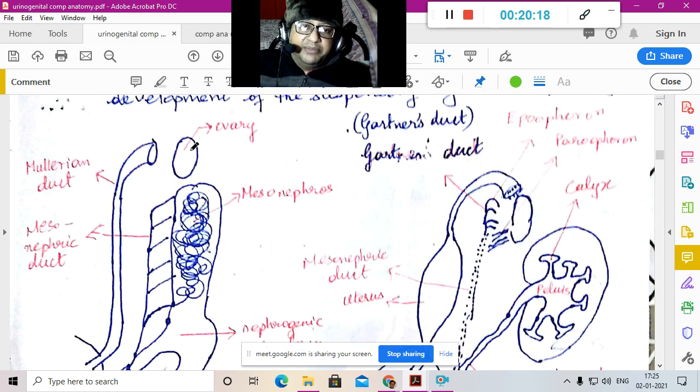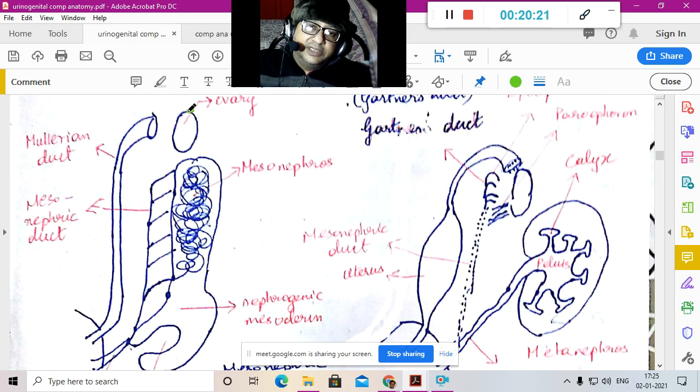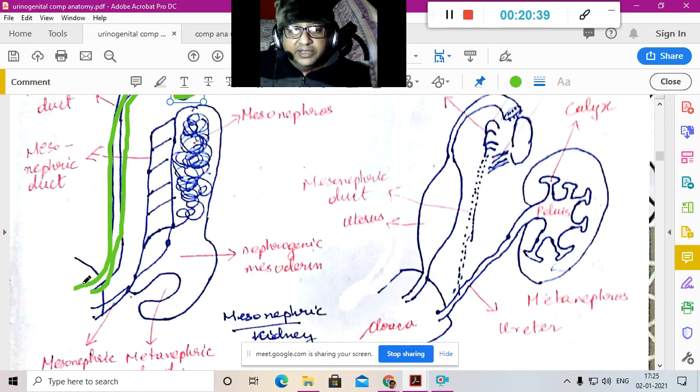So this is the embryo. This is the ovary which I am drawing here on top. To the ovary you have this little funnel-like Mullerian duct coming directly. This comes over here, right?